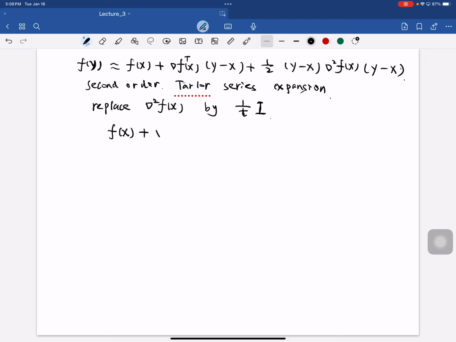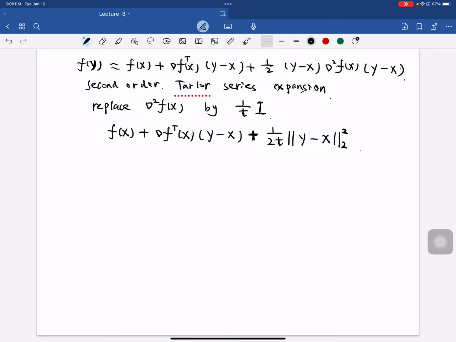So we will keep the first order terms. And then since we have the identity matrix, the second order term will be reduced to the following. Okay.